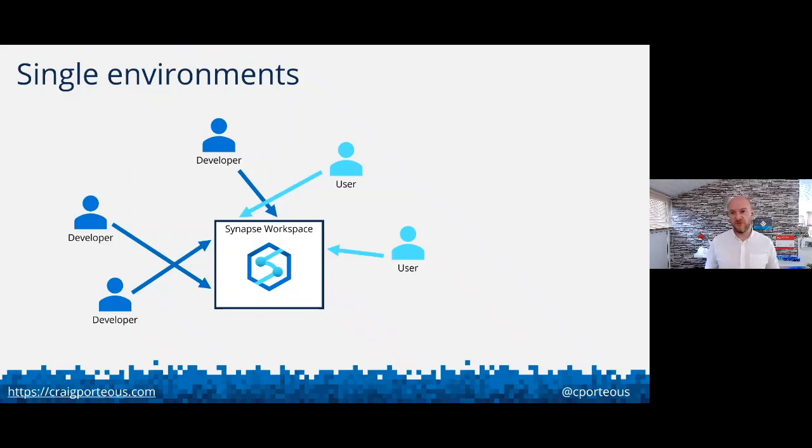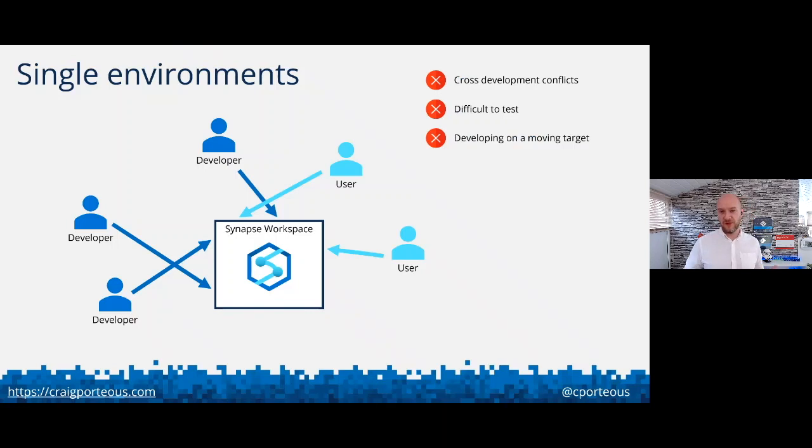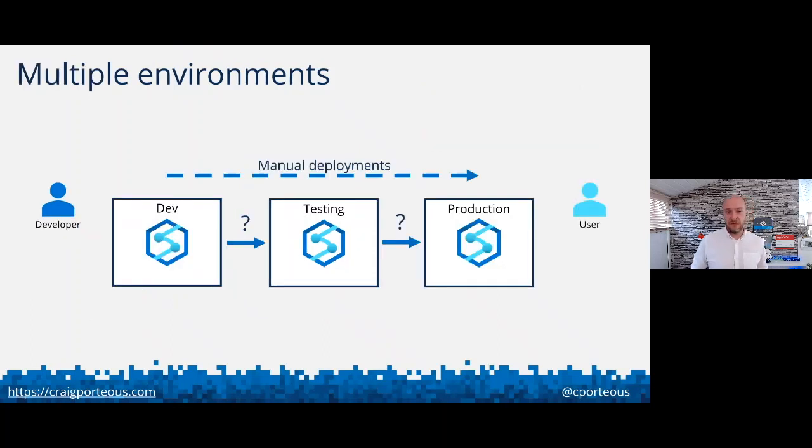So you've got a lot of risk of cross-development conflicts there. It's going to be difficult to test things when you've got people potentially using components at the same time. Hopefully nobody's working with this in this form unless it's a POC implementation, because it does make everybody's life quite difficult. Maybe you're using multiple environments.